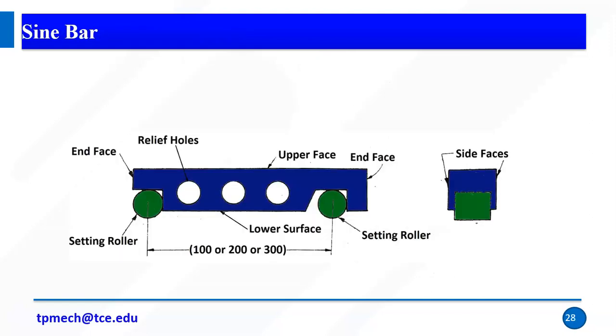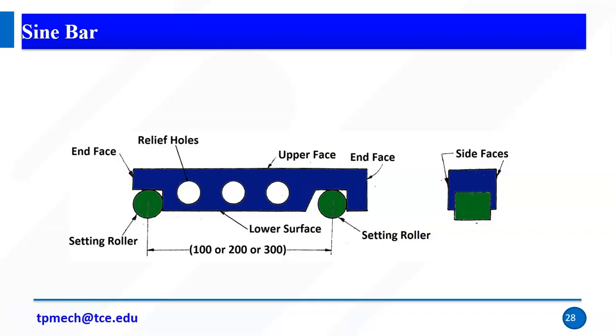Alright, the second instrument is the sine bar. Right, so in the sine bar again we have two setting rollers, an end face, and an upper face angle as well as a lower face. In the sine bar again there are relief holes to reduce weight. Again the sine bar is made of a specified material with specific weight, right?